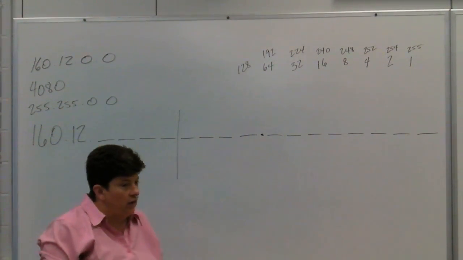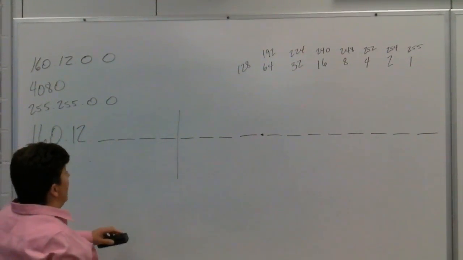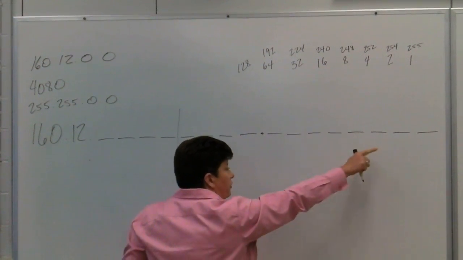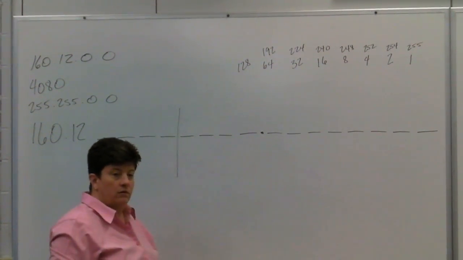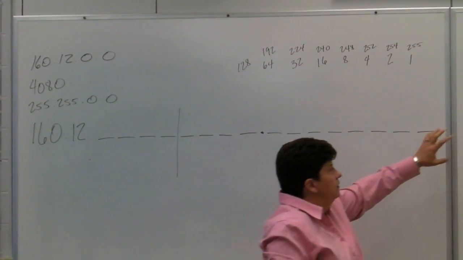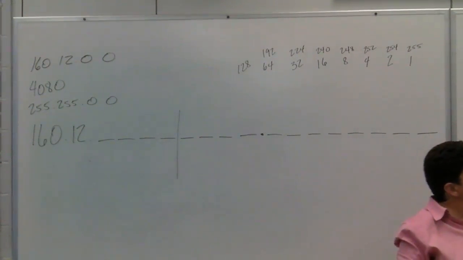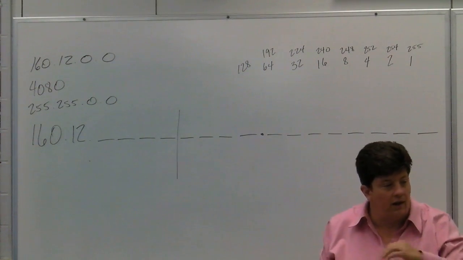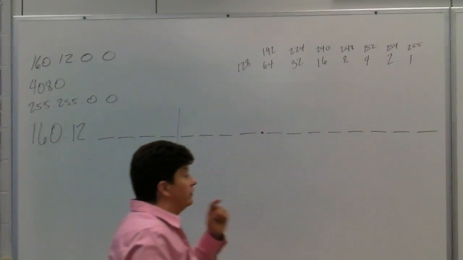The same thing applies from the host perspective. I am not going to be allowed to use the address that has all zeros back here and the address that has all ones back here. Remember, if it has all zeros, that's the network ID. If it has all ones, it's the broadcast. So that rule still applies. Not allowed to use all ones, not allowed to use all zeros.